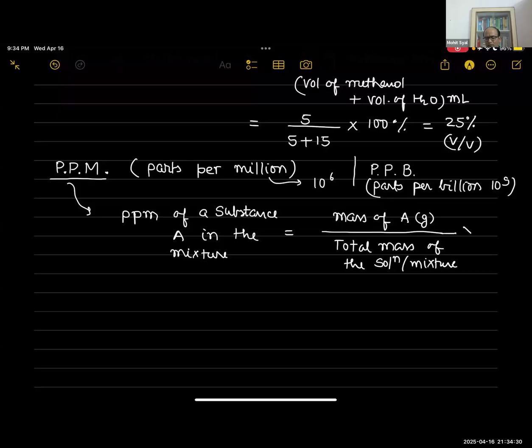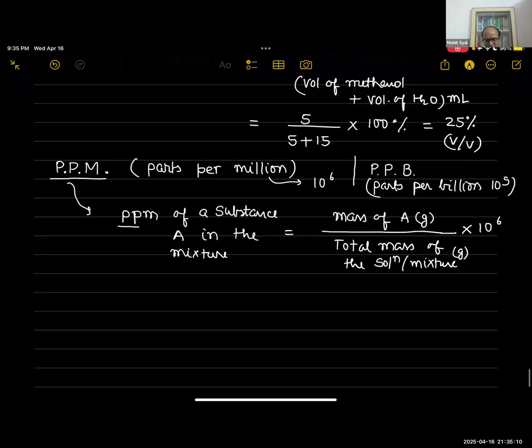Okay, when you divide it by total, that is for 1 gram. And for million gram, it is 10 to the power 6. You can count the ppm with respect to ml also. So this is ppm by mass and ppm by volume. So ppm is used when something is present in a very less amount, so less that it can't be detected in terms of percentage. Then you use a large amount of the sample, that is million parts, 10 to the power 6 parts, or billion parts, 10 to the power 9 parts.